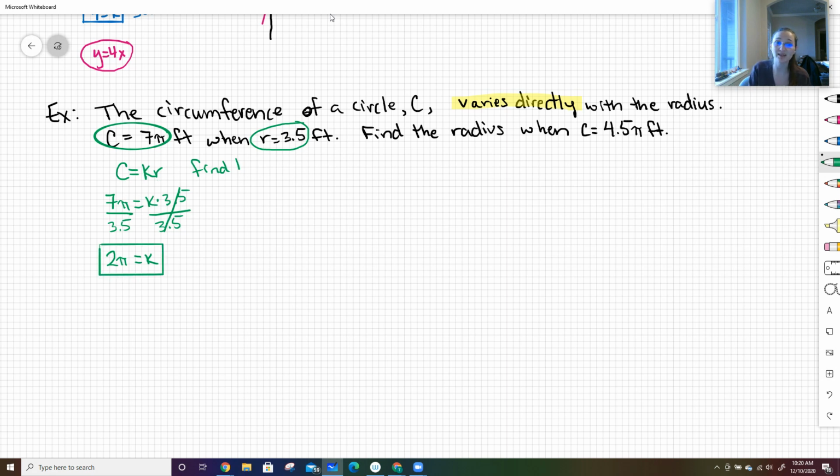So now that I know my k, I could write my direct variation. I could say that means C equals 2 pi r. And now I can find the radius when C equals 4.5 pi. So I can plug that in. 4.5 pi equals 2 pi r. Remember, when they're all smushed together, that means multiplication.